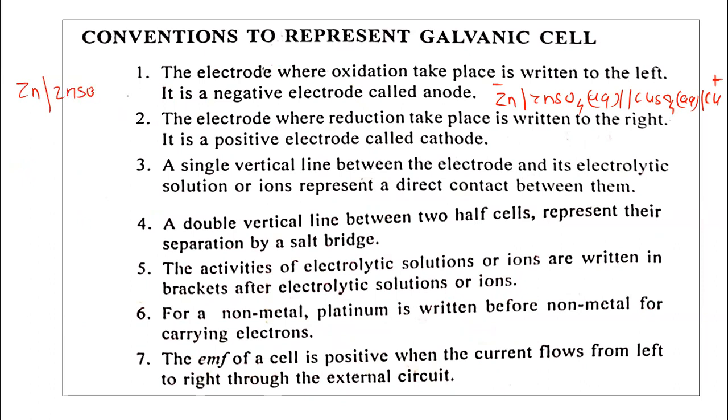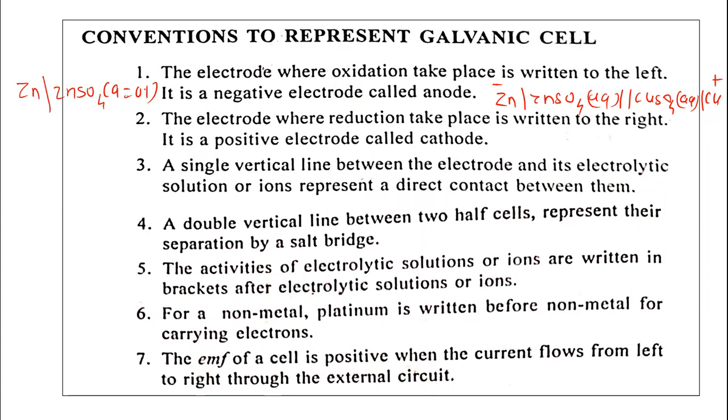Then the concentration or activity of the zinc sulfate should be written in brackets after the electrolytic solution. Suppose the activity is equal to 0.1, so you have to write this. Or the concentration is equal to 0.1. It should be written in a bracket.